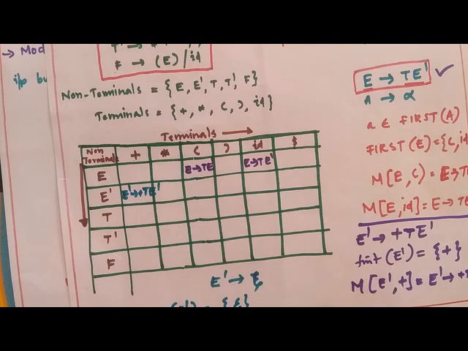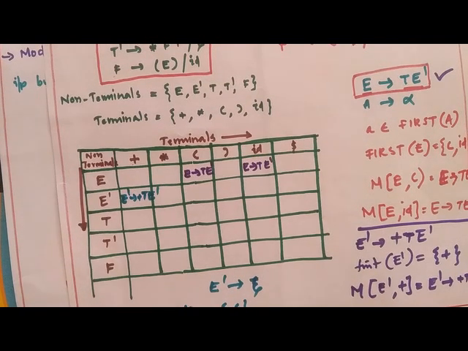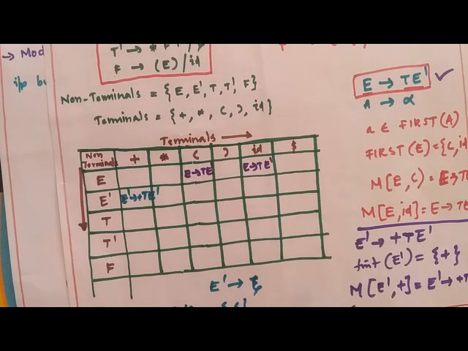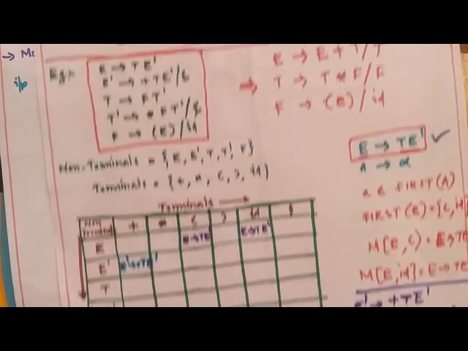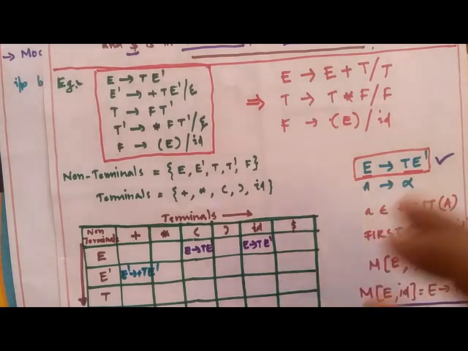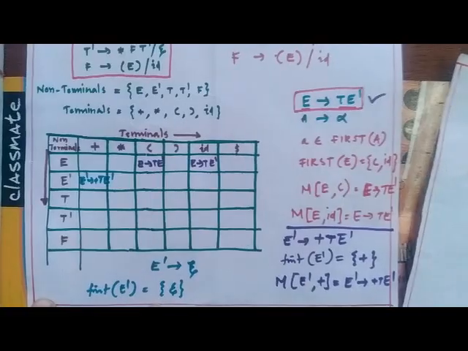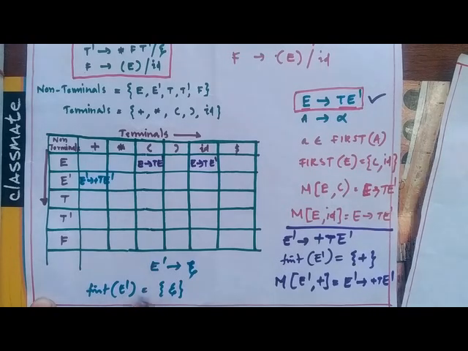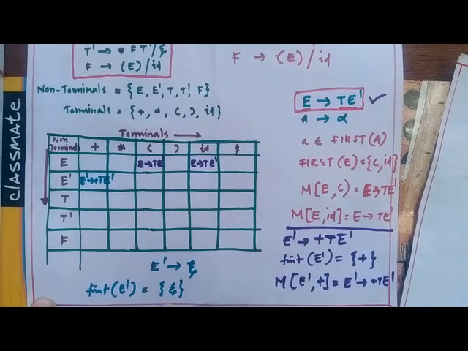So rule 1 we can't apply. First of E dash is equal to epsilon, so we need to apply rule 2.